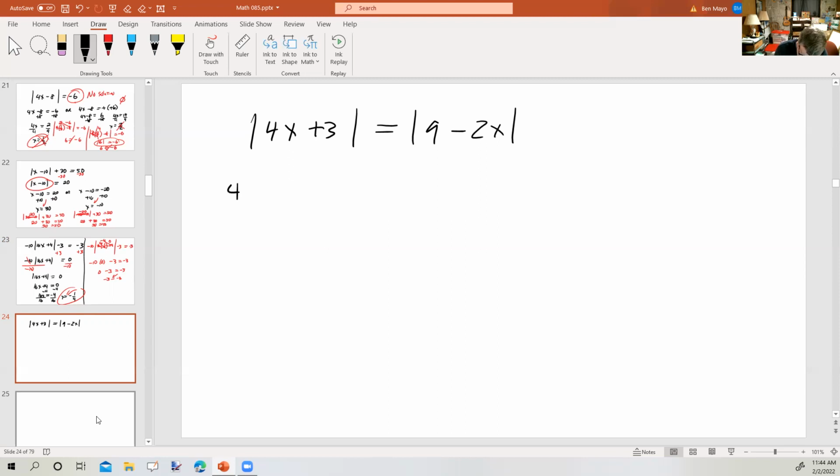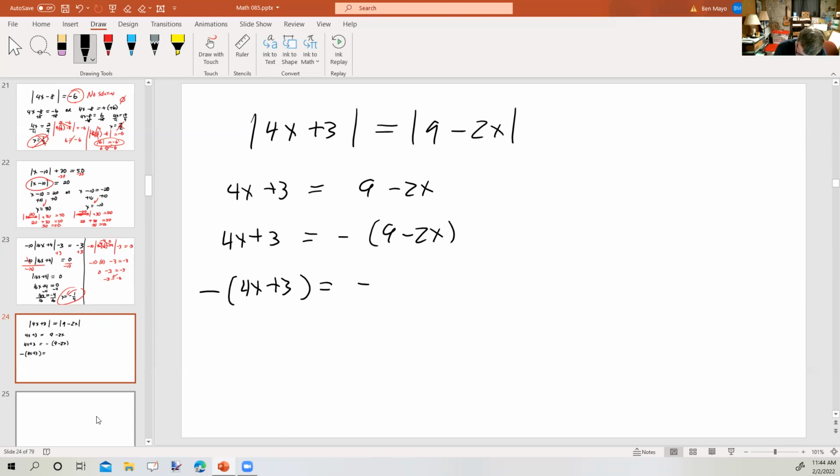We could take what's inside of the first one and set it equal to what's inside of the second one. We could take what's inside the first one and set it equal to the opposite of what's inside the second one. We could take the opposite of what's inside the first one and set it equal to the opposite of what's inside the second one. Or we could take the opposite of what's inside the first one and set it equal to the second one.